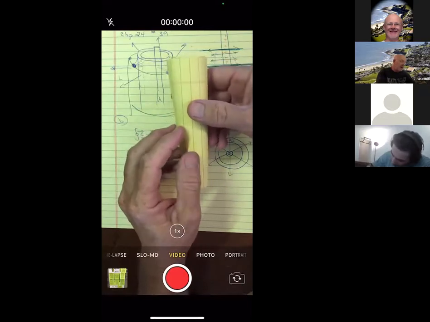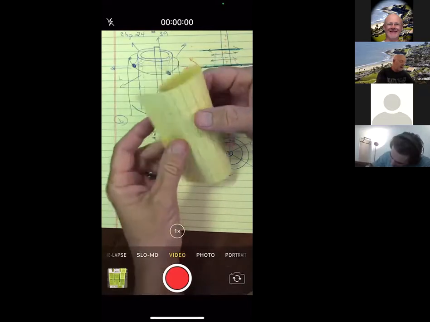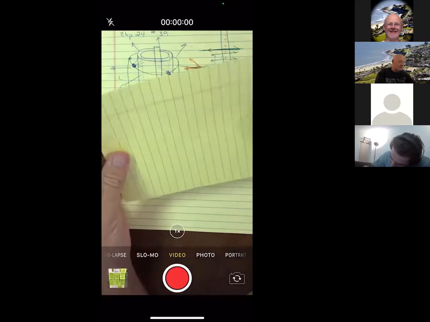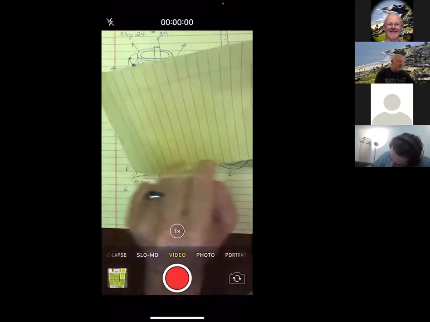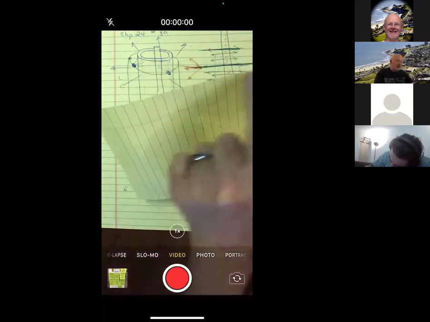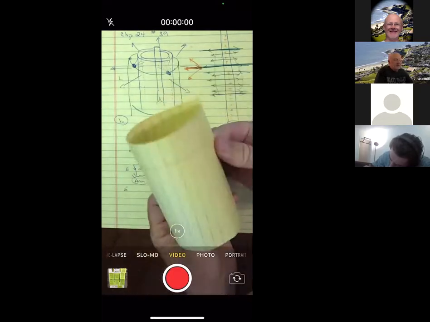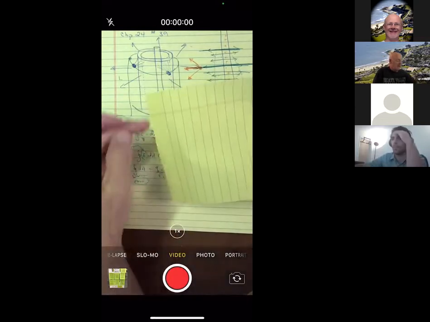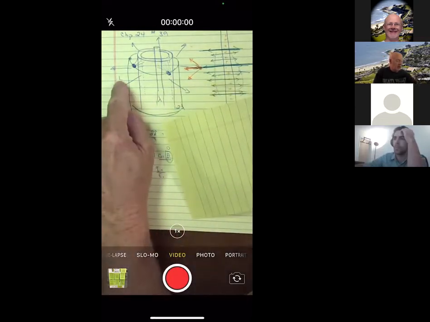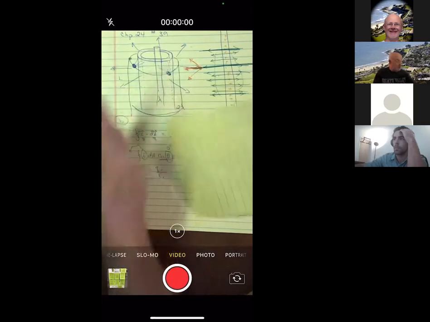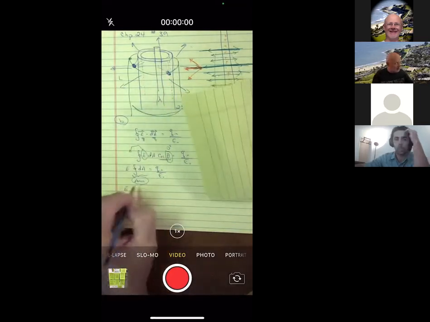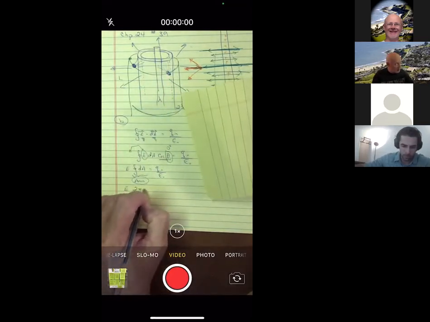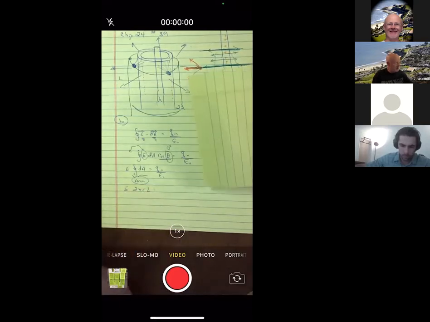Then I can unroll it and say, well, what's this surface area? Well, it's this length, that's the circumference of it, times its length, which I called L. And the circumference would be 2 pi r. So this area would be 2 pi r times its length.